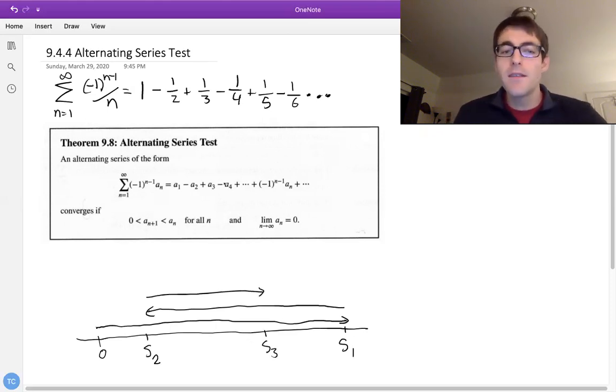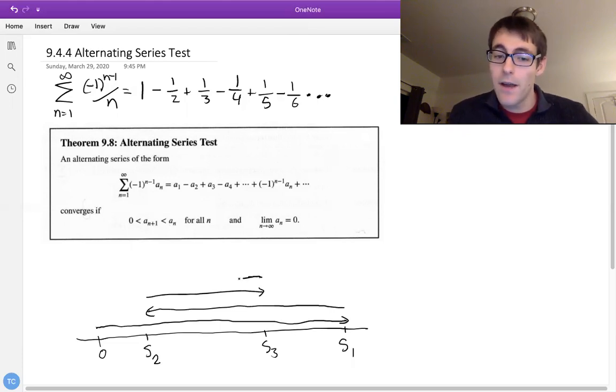And because this sequence is decreasing and switching back and forth between positive and negative, each next step has to be contained in this region. Because the fourth term, so I've got the first 3 terms here, the fourth term has to be negative, and it has to be less, in magnitude, than this third term.